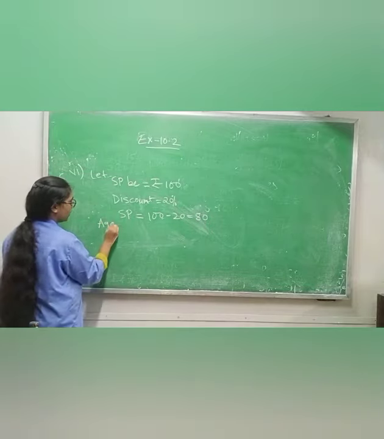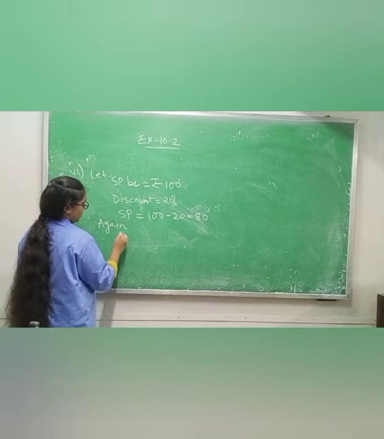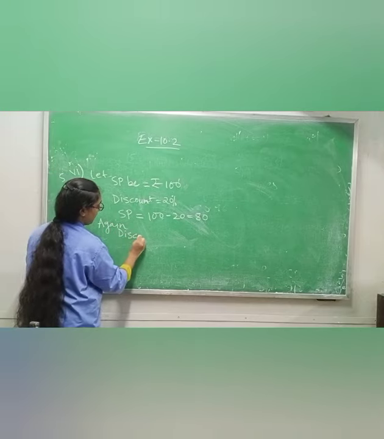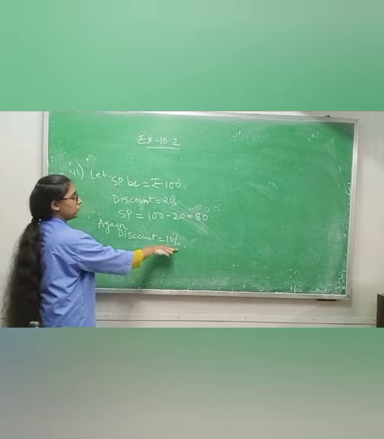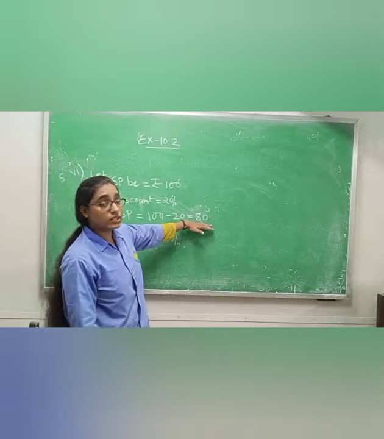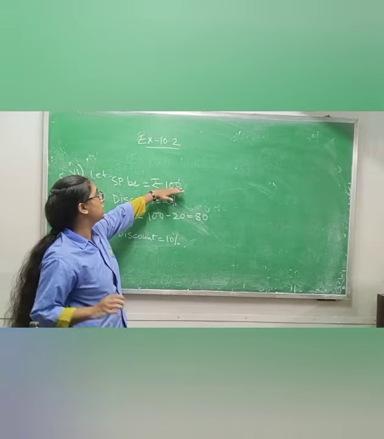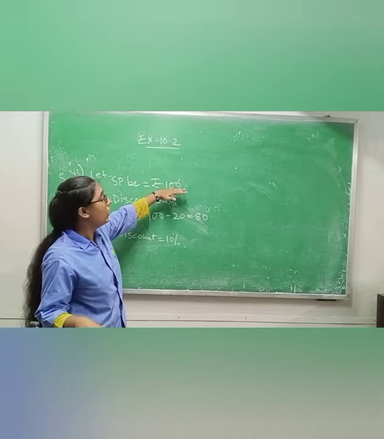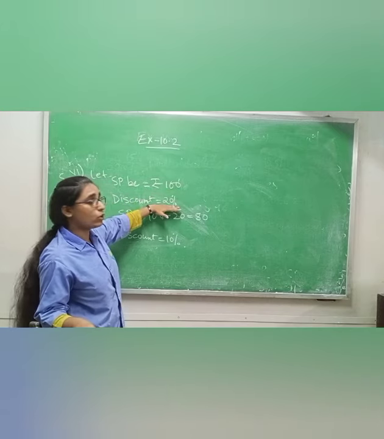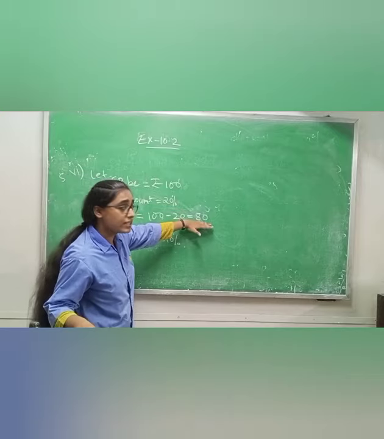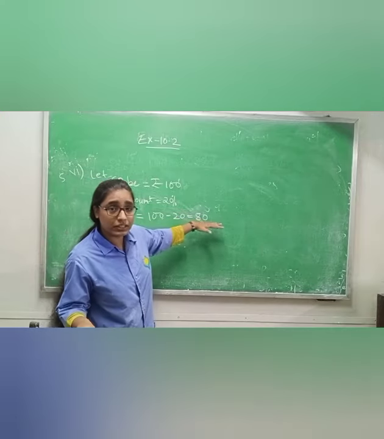Again, one more discount is there, a discount of 10%. This 10% discount applies to the new price, not the first one. First we take the selling price as 100, then they give a discount of 20%, so the selling price is now 80 rupees.